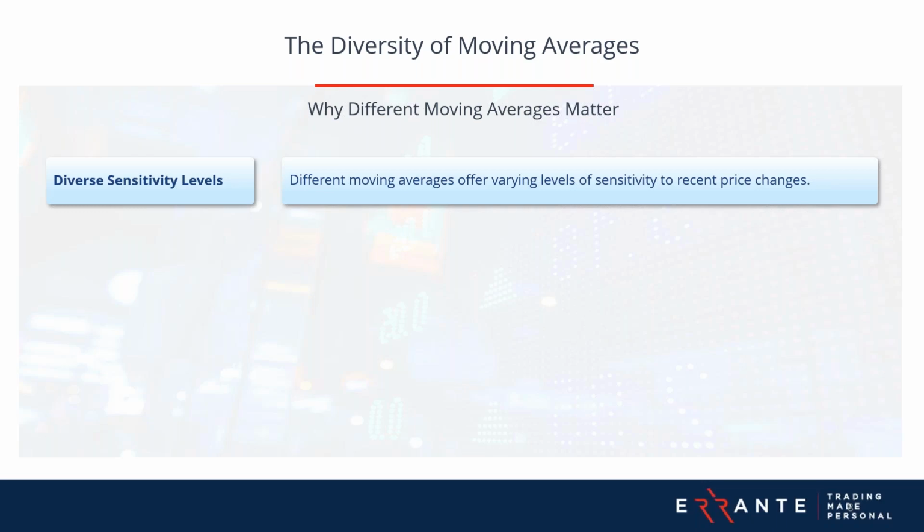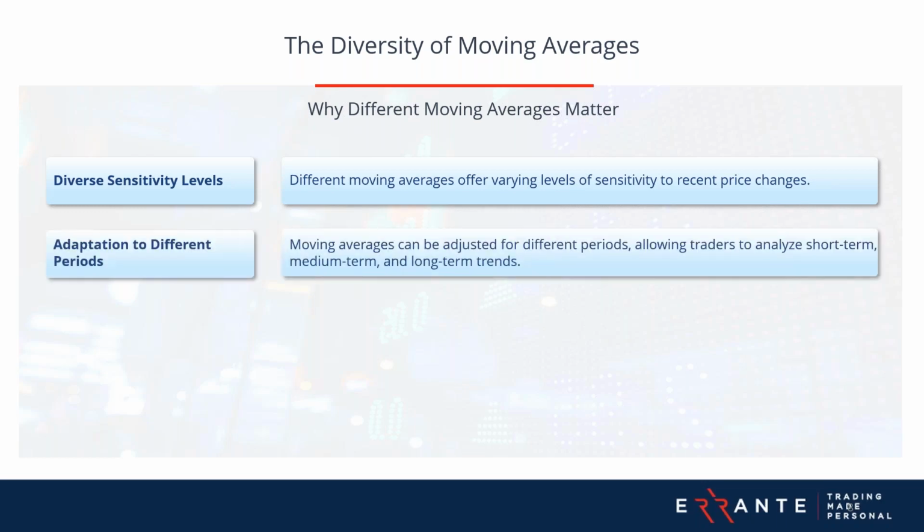Each type of moving average offers a unique perspective, enabling traders to fine-tune their strategies for more precise market analysis and decision making. For example, let's start by addressing the issue of market noise. Short-term fluctuations that can mislead traders about the true market direction.